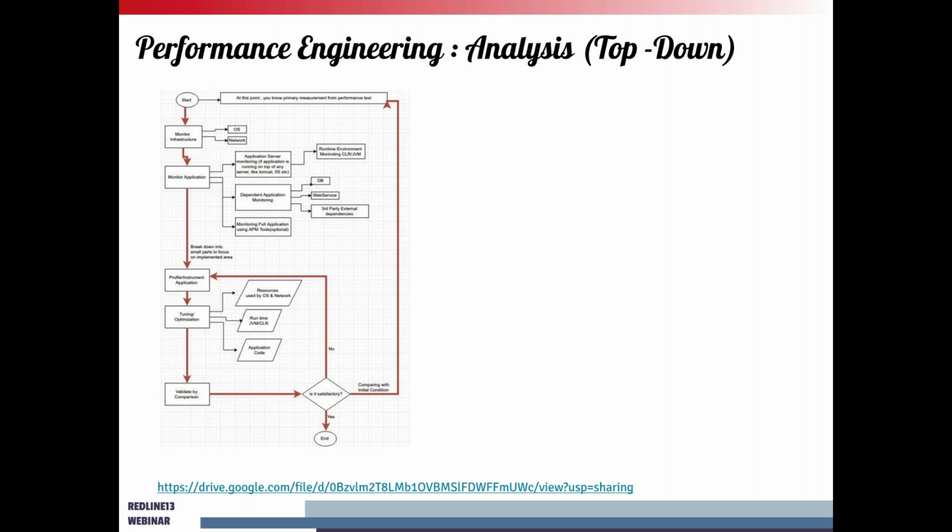So you monitor your application server itself, and then you monitor dependent applications, like the applications supporting your main application, which can be web services, databases, and third-party external dependencies all together. So these are the monitoring cases. I also give some small tools for APM in the image. I will give details later on.